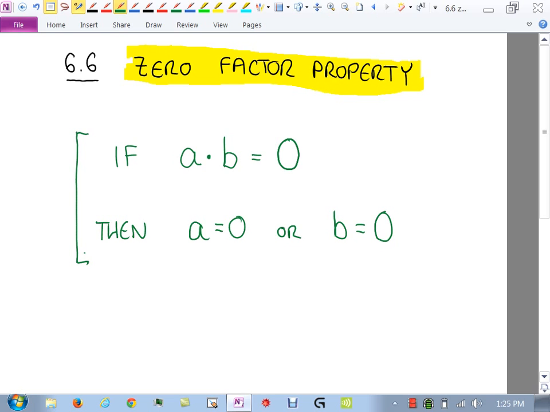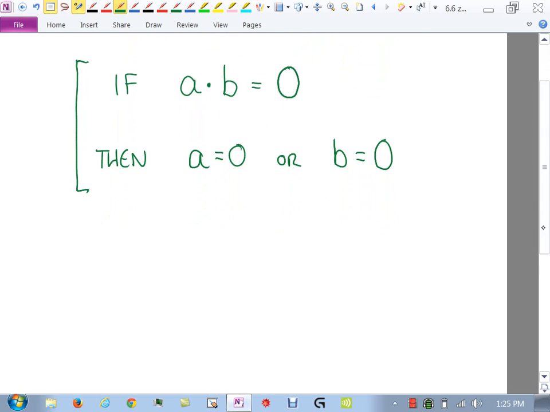So let's see how this property works and why it works this way. What if I tell you, for example, that 5 times something equals 0, right? Is there anything else that I could use to get 0 other than 0 itself here?